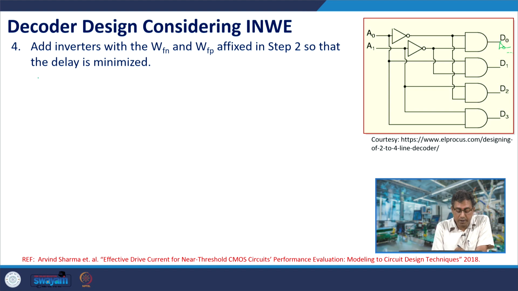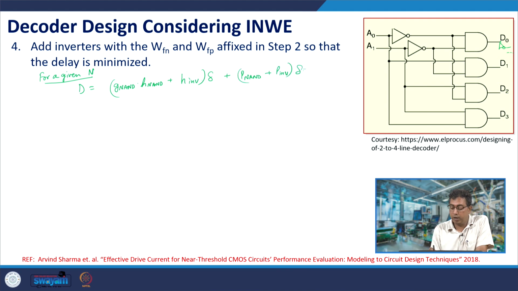For a given number of stages, n, you would have that the total delay of the path is the logical effort of the path, here in this case G NAND into H NAND plus H inverter, into delta, plus P NAND plus P inverter into delta. You can write it this way.